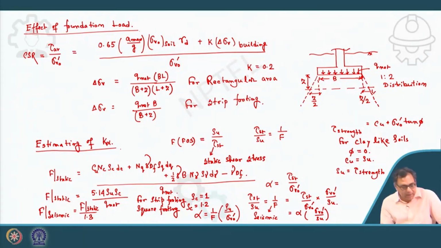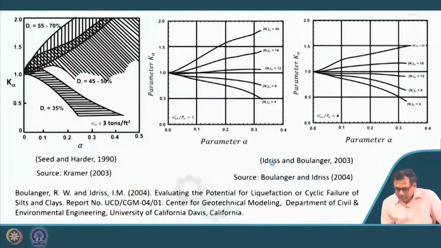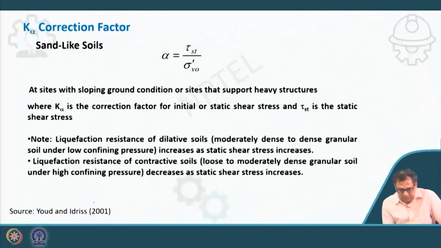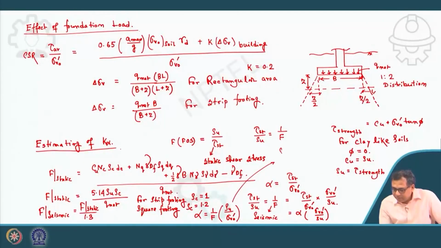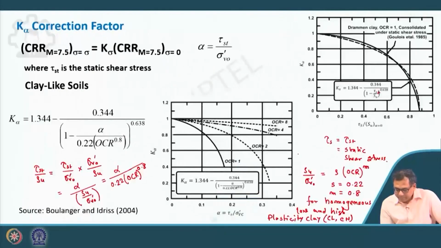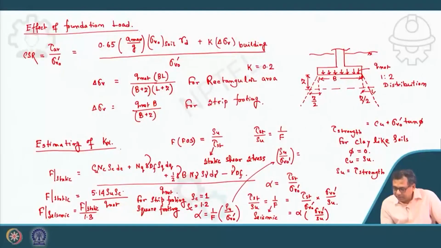For over consolidated clay, you have to convert this Su by sigma V dash as 0.22 OCR to the power 0.8 to calculate the alpha value.